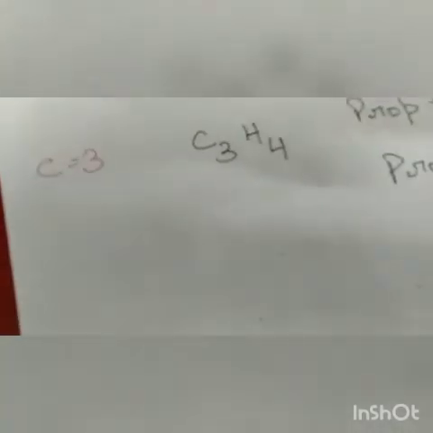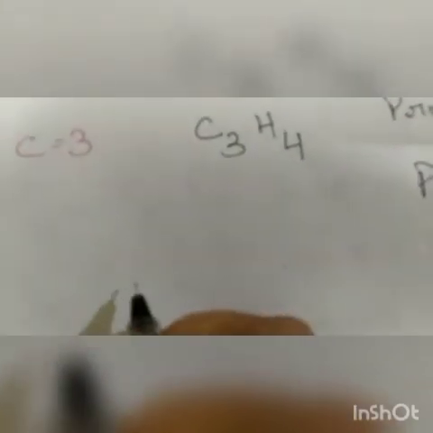Now, how to draw the structural formula? There are 3 carbon atoms. Let me draw the triple bond here. So 3 electrons are used up here, and 1 electron will form a bond with hydrogen. In this carbon atom, 3 electrons are used up here, and 1 electron will form a bond with this carbon atom.